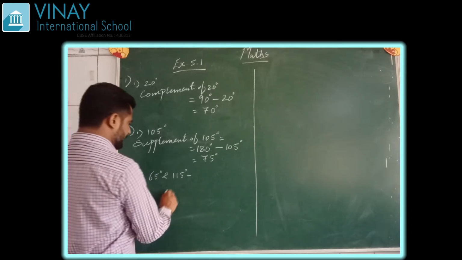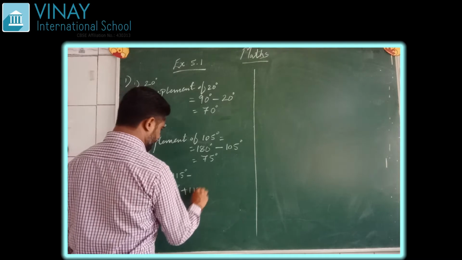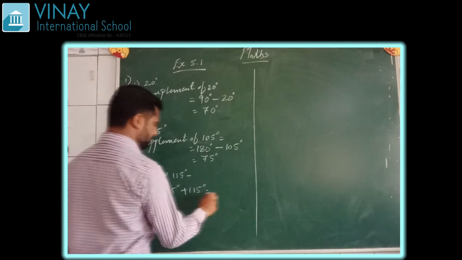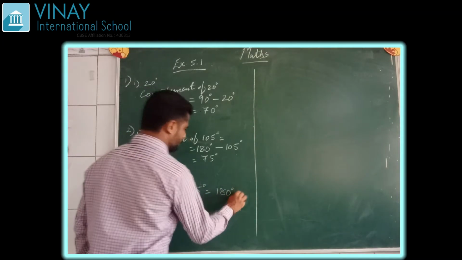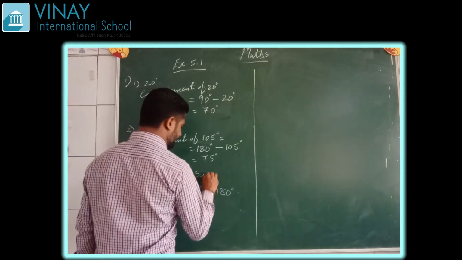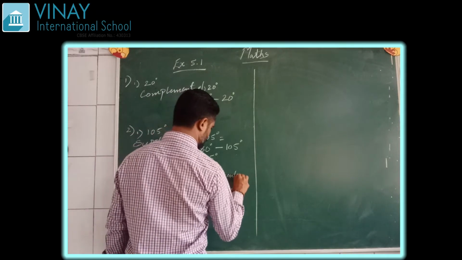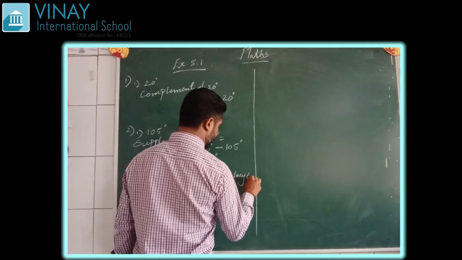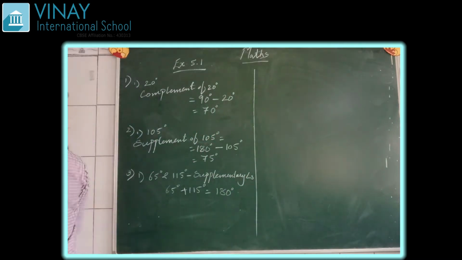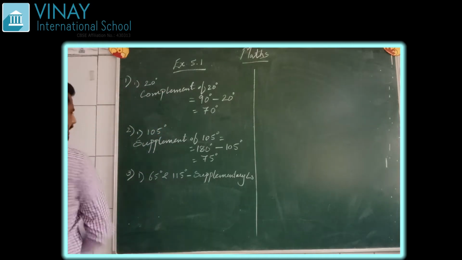So if we add them, it will become 65 degree plus 115 degree, which is 180 degree. So we can say that this pair is supplementary angles. 65 and 115 is a supplementary pair.